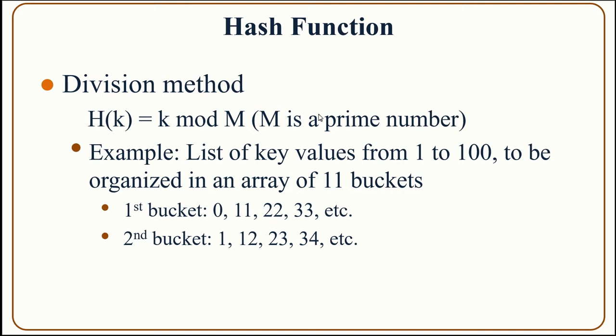Applying the hash function, we have in the first bucket 0, 11, 22, 33, and etc. In the second bucket, we have 1, 12, 23, 34, and etc.